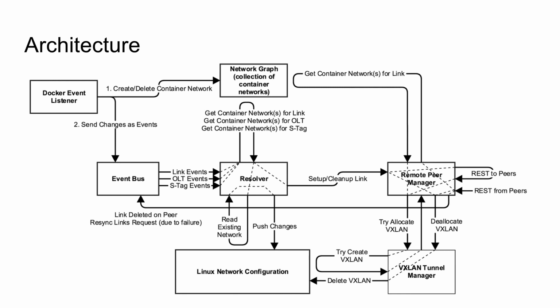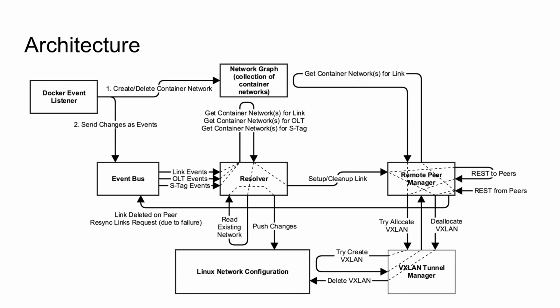That's pretty much its entire job. It just says, what should the graph look like? What does it look like? And tries to resolve differences and set up and tear down interfaces as needed. The remote peer manager does basically the same thing as the resolver. Its only difference is that it's negotiating with peers.